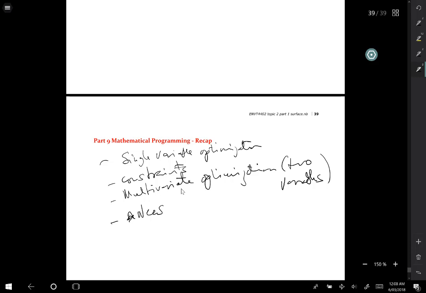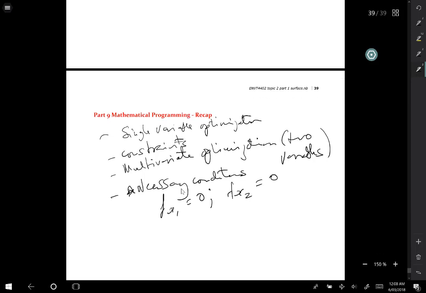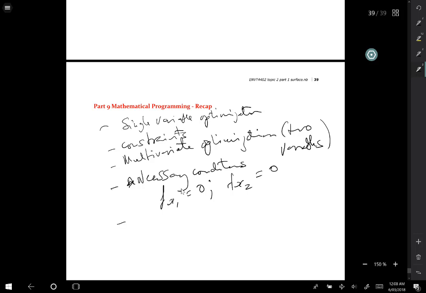We looked at necessary conditions, so that's where the partial derivatives of the function with respect to the 2 variables are equal to 0, and then we culminated in looking at the sort of cookbook conditions for maxima, minima, and saddle points, which are the Hessian conditions.